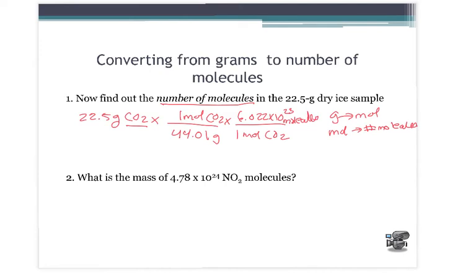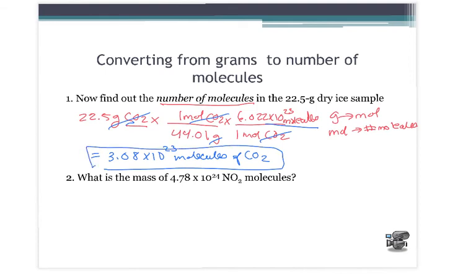A dozen is 12, and 1 mole will always be 6.022 times 10 to the 23rd molecules or atoms, or we can call them particles for short, of anything. So we end up with the grams canceling out, the moles canceling out, and we have the number of molecules left over. And we get an answer of 3.08 times 10 to the 23rd molecules of carbon dioxide or dry ice.